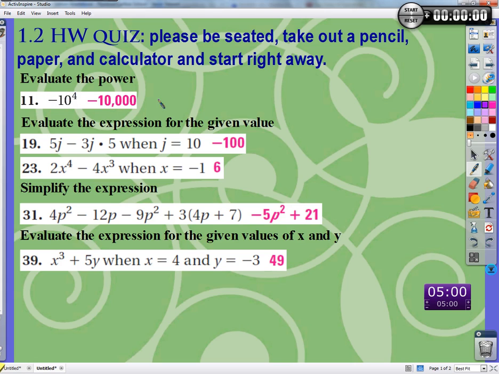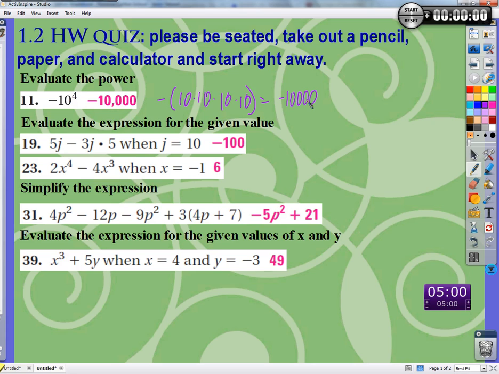So what we have is 10 times 10 times 10 times 10, and then multiply the result by negative 1, and so you get negative 10,000. Okay. And it's not mathematically wrong to multiply 4 negative 10s together, but according to the agreement, like I keep saying, the agreement that we've made, it would be wrong.